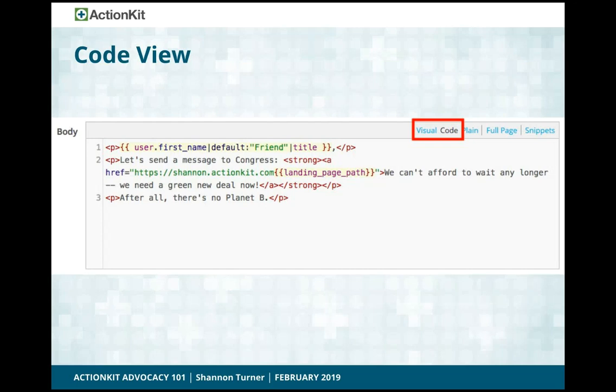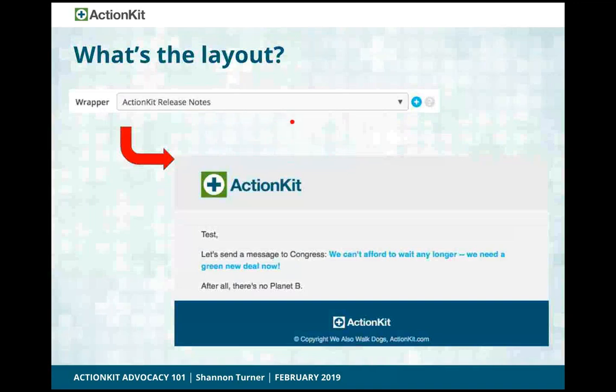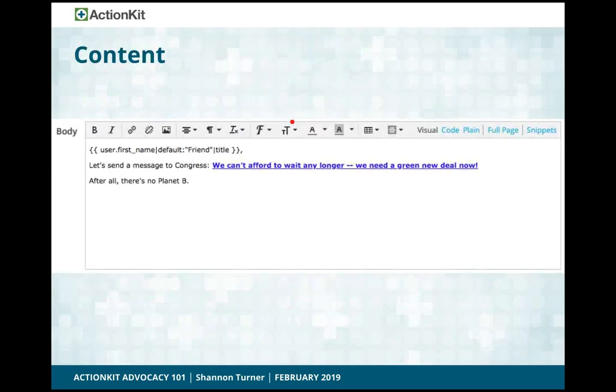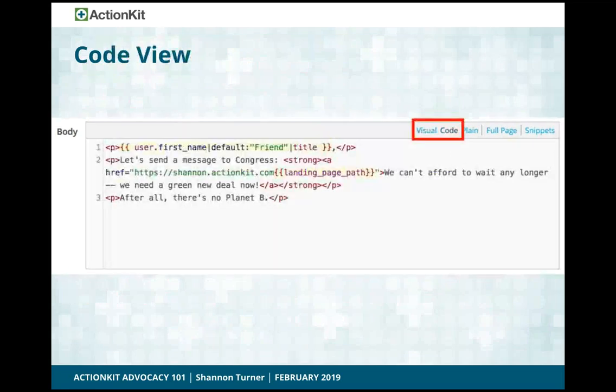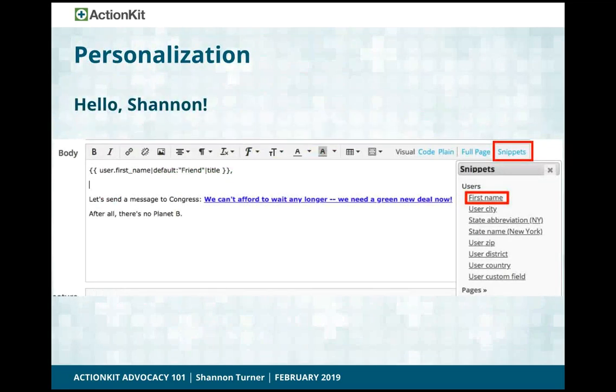So you can switch back and forth as necessary to adjust your mailing, make small changes to the HTML if you need to, and then go back to visual and see what it looks like. If you don't have the option for visual mode, please note that some clients have actually disabled the visual editor.